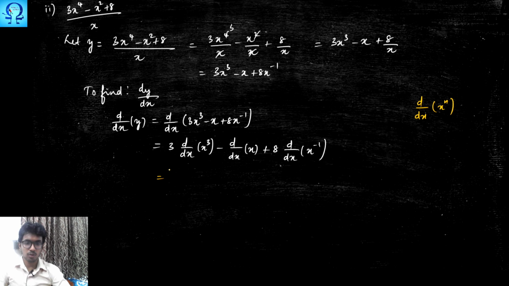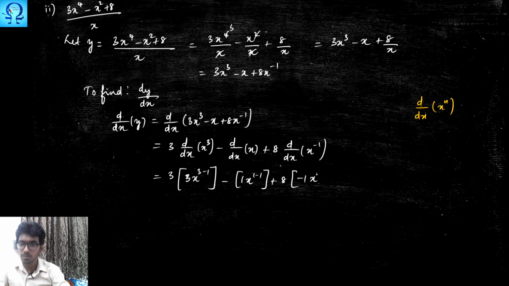So this is going to be 3 times 3x^(3-1), minus, we have simply x, which means we have 1, so 1 times x^(1-1), plus 8 times (-1)x^(-1-1).